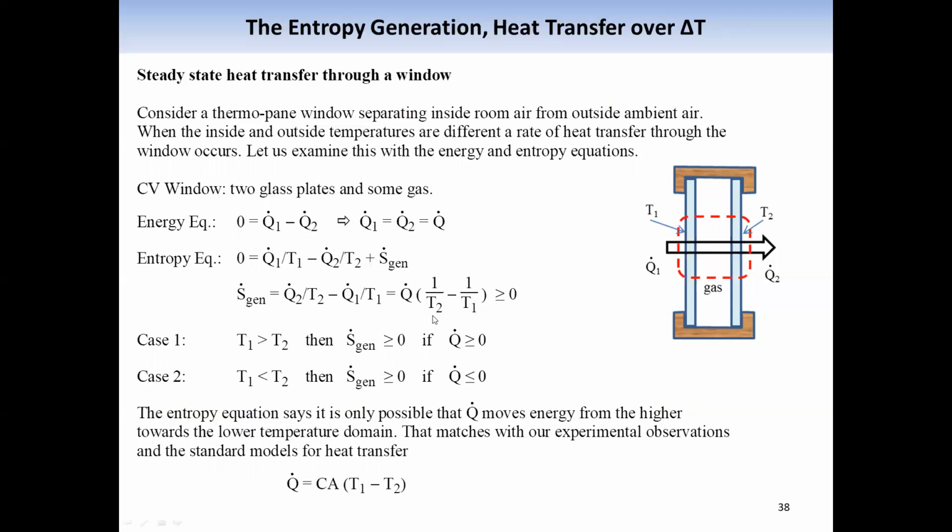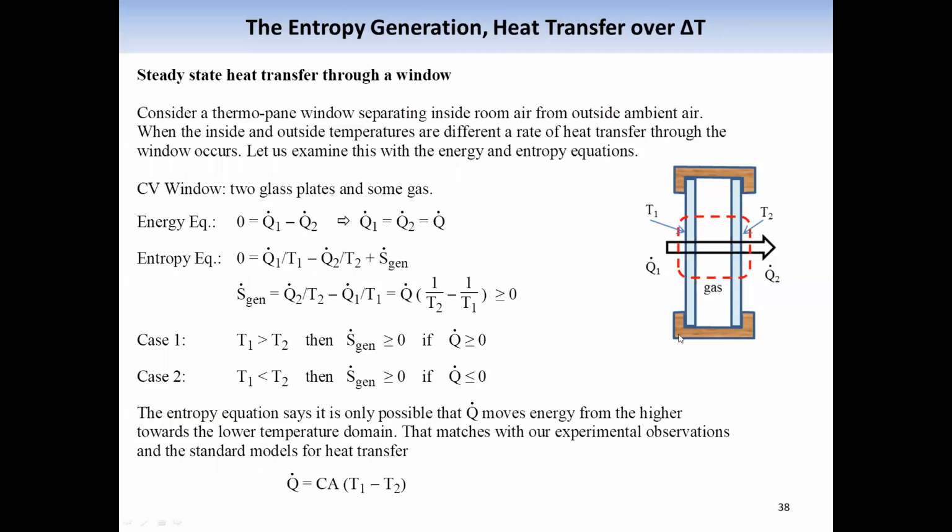Because during the summer, T2 is lower than T1, therefore the first term is greater than the second term in the parentheses. So this entire term is positive. So we can conclude in the summer, this heat transfer process generates entropy.